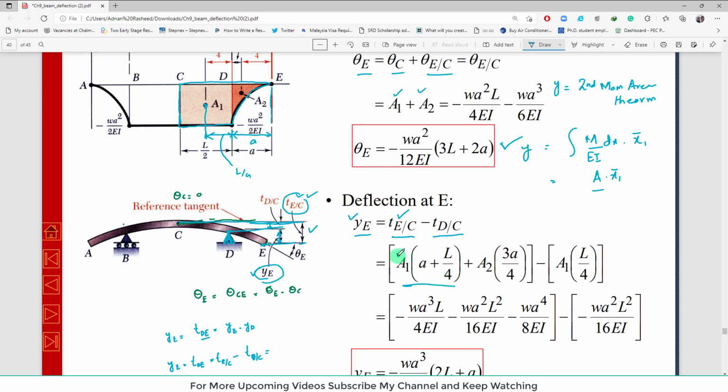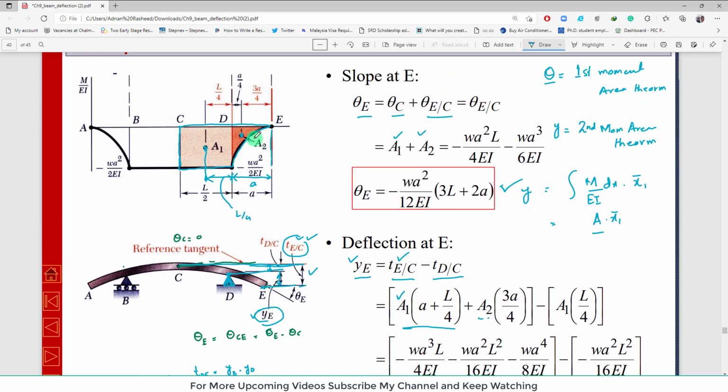Clear? So area into distance of centroid from a vertical axis. Now you have to take this area. So this is area A2, and the center of this parabola from this vertical line is 3a by 4.